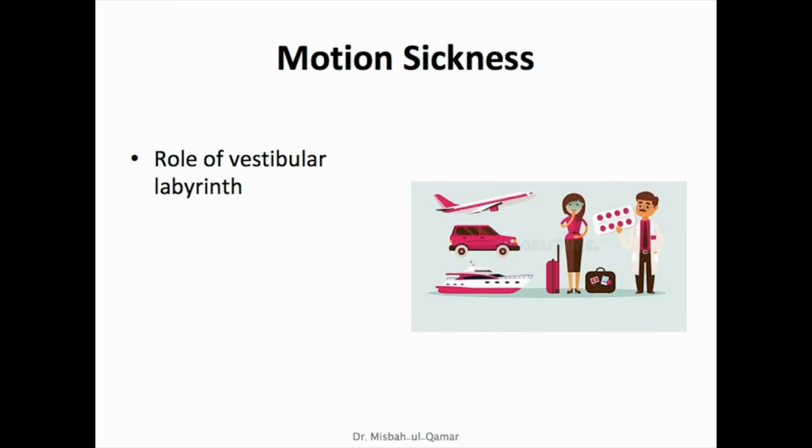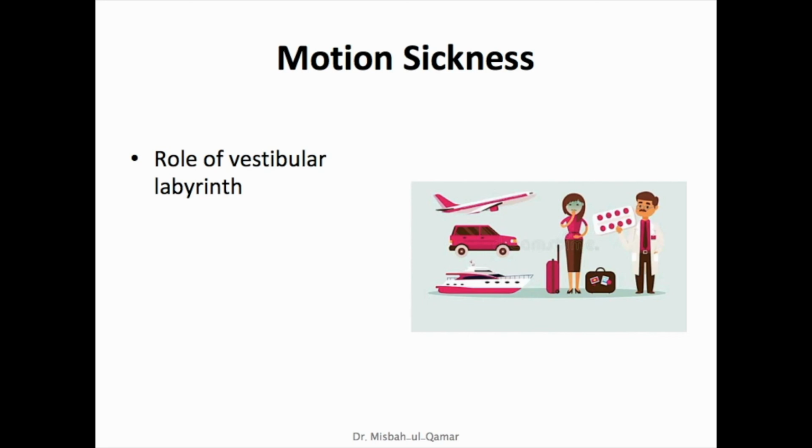So, as we are talking about motion sickness, in this situation, a rapidly changing direction or the rhythm of the motion of body, it can cause vomiting. Wonder how? You see, a motion stimulates the receptors in the vestibular labyrinth in inner ear.